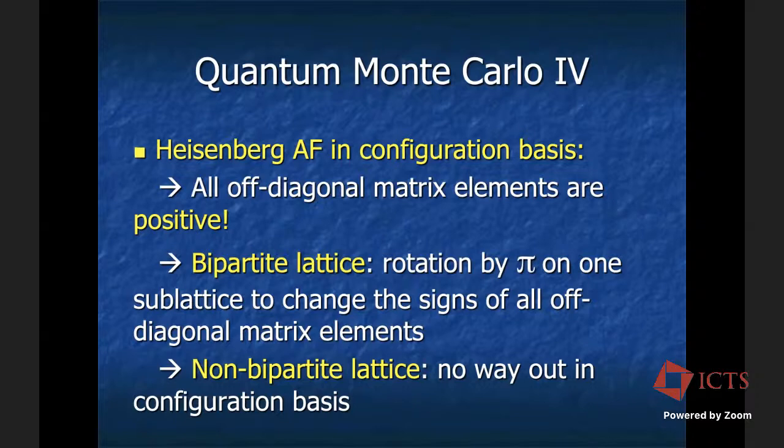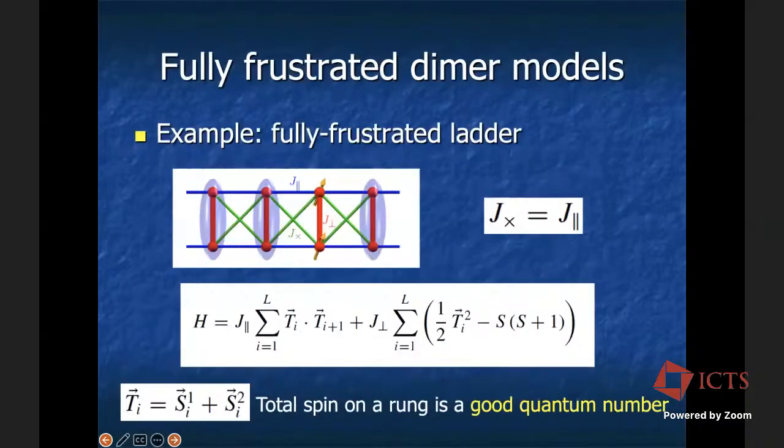So there is no way to study the low temperature properties of frustrated quantum magnets in this way. So that's the basic problem, and this is why very little has been attempted with quantum Monte Carlo for frustrated magnets. It's well known since the late 80s or early 90s that this is basically impossible.